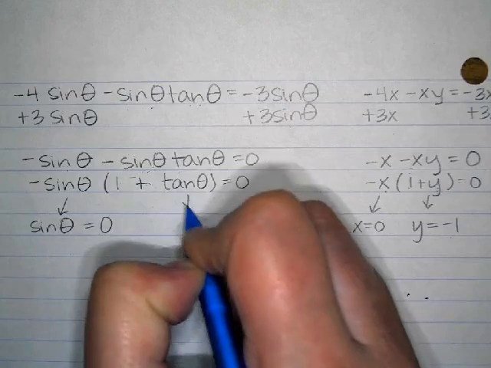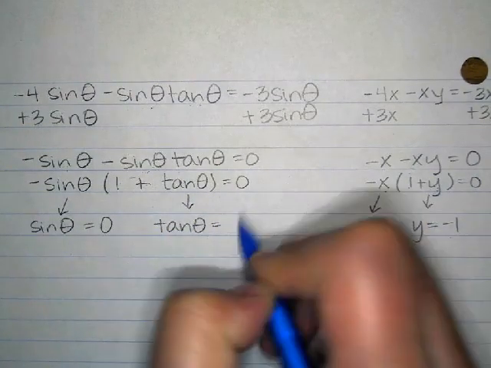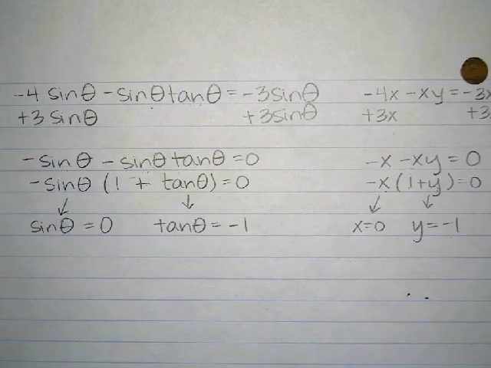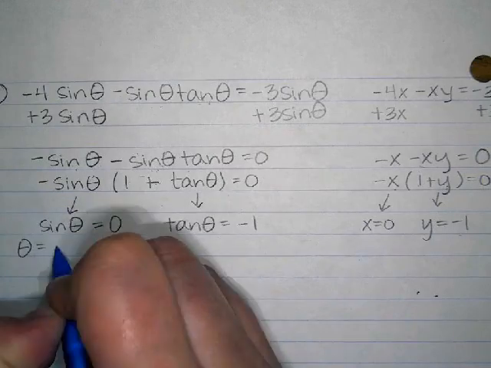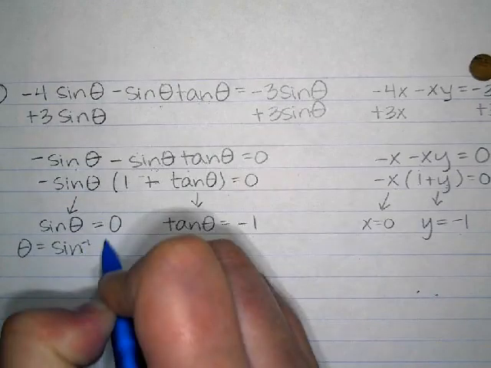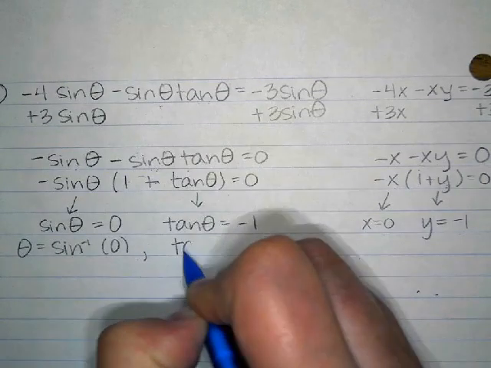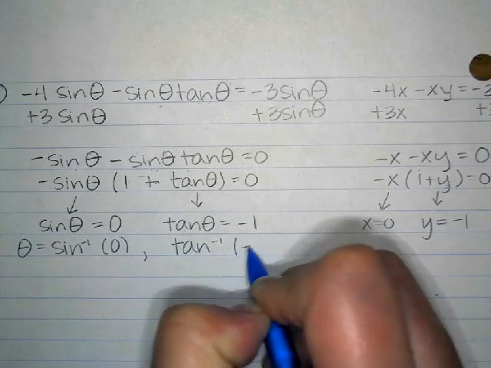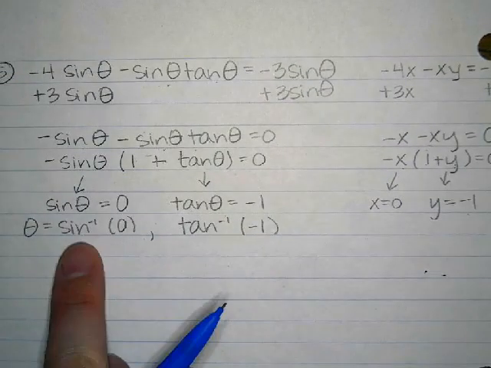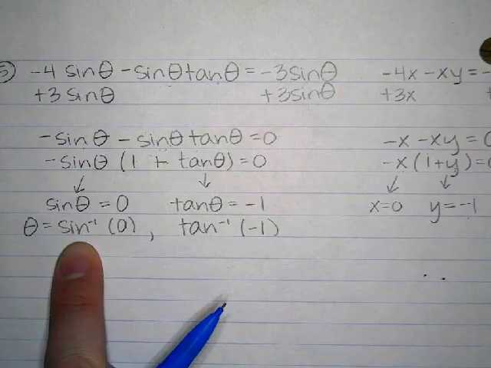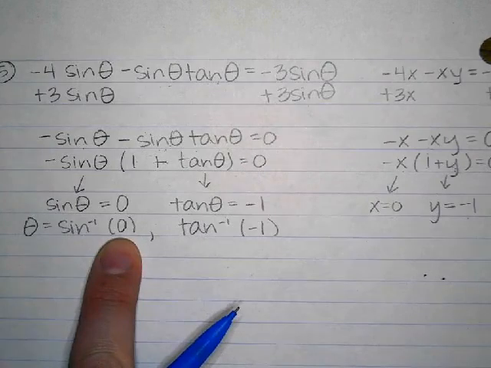Okay, so theta equals sine inverse of 0, and theta equals tan inverse of negative 1. So when we look at the unit circle for sine, we're going to find the y coordinate of 0. And then for tan, we're going to look where the y coordinate divided by the x coordinate simplifies to be negative 1.